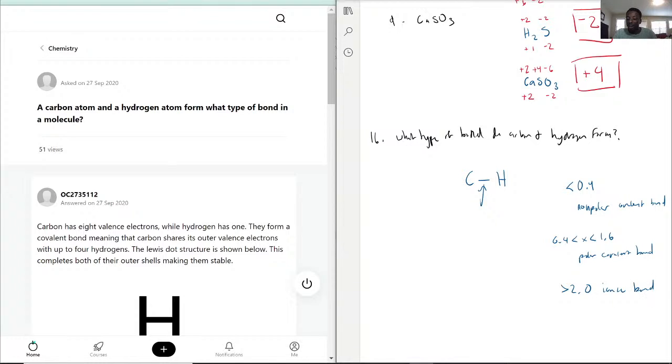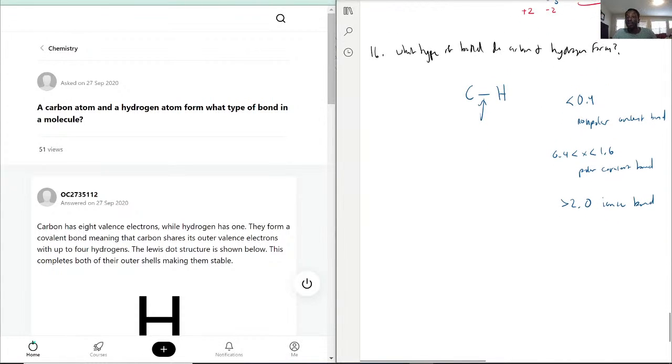The caveat is between 1.6 and 2.0: typically, if it's a metal and a non-metal bonded, that's an ionic bond. And if it's two nonmetals bonded and it still creates a quite high value, that will still be considered a polar covalent bond. So it usually depends on what types of things are bonded with each other.